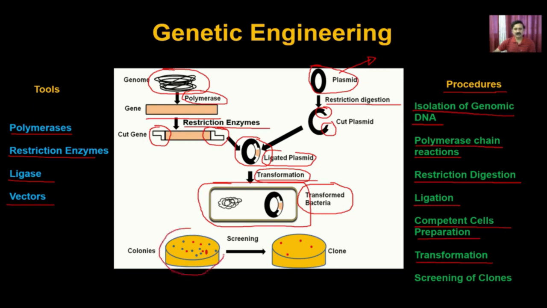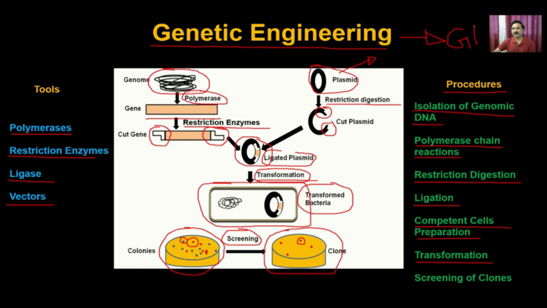For example, in this case, you see that you have some blue color cells and some red color cells. Once you put them under the screening, you will see that only the cells which actually contain your DNA are going to grow. This way you can understand the complete procedure of genetic engineering, so that you can utilize it to generate genetically modified organisms.